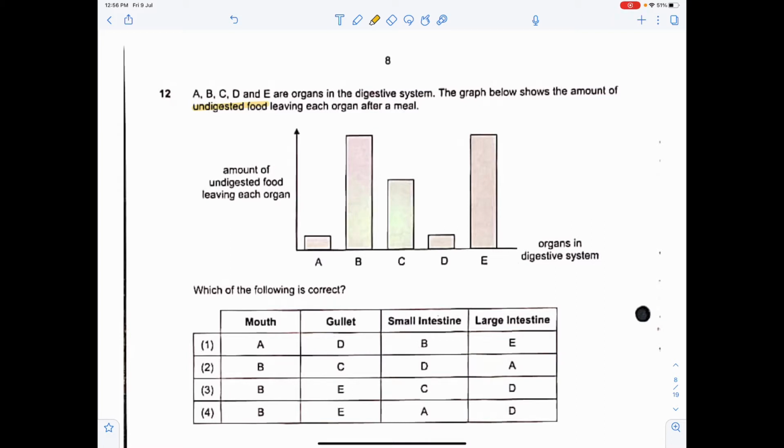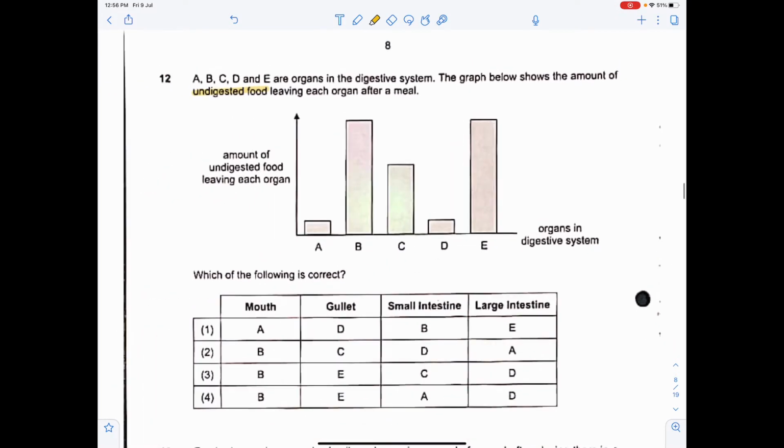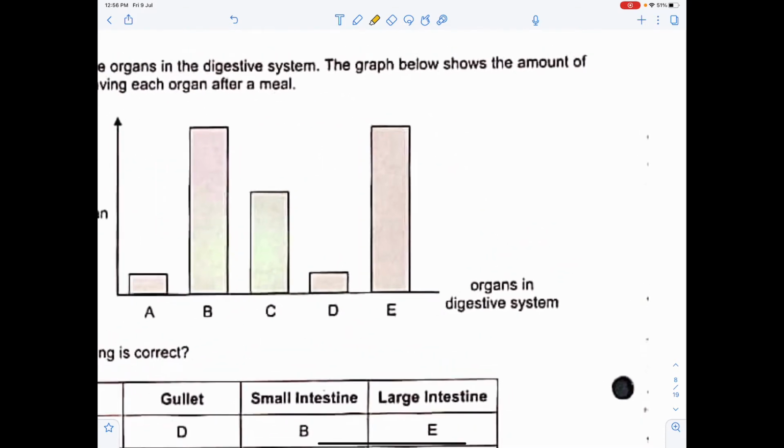To answer this question, the first thing you need to remember is the flow of your digestive organs, the arrangement of them in your digestive tract. In exams, you can write down from the point where your food first enters all the way down to where it exits.